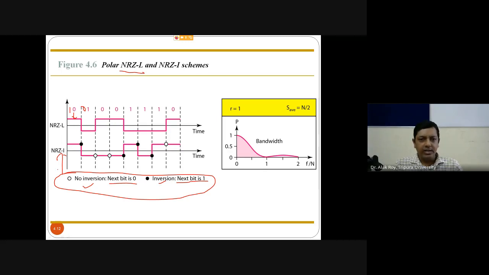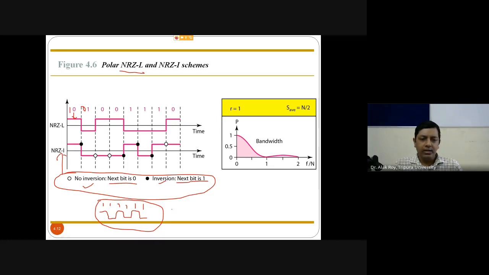The application of NRZ-I is that it differentiates between consecutive ones. If synchronization is missed, the pattern of high, low, high, low, high, low will represent that consecutive ones are sent from the sender side.